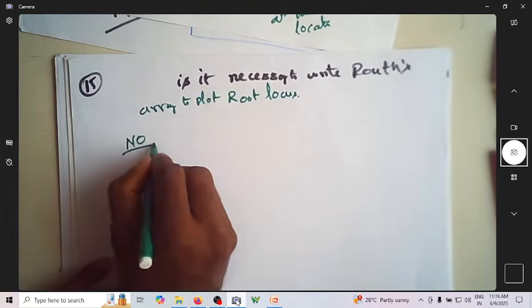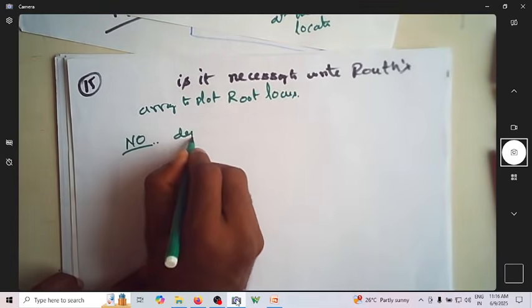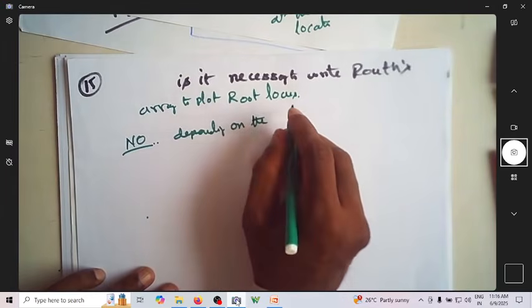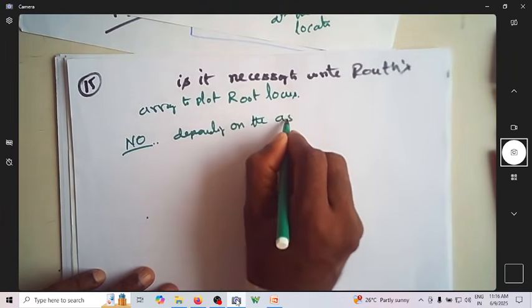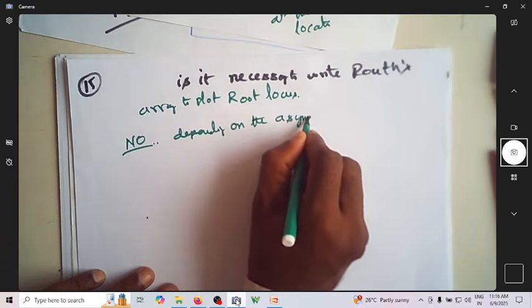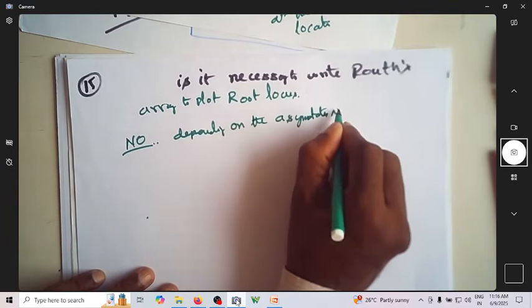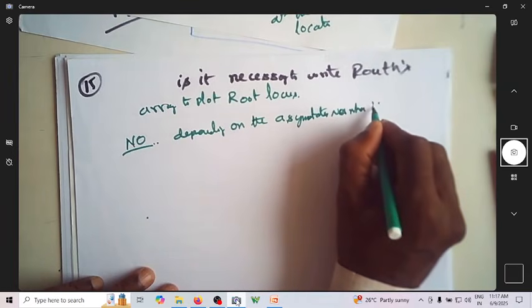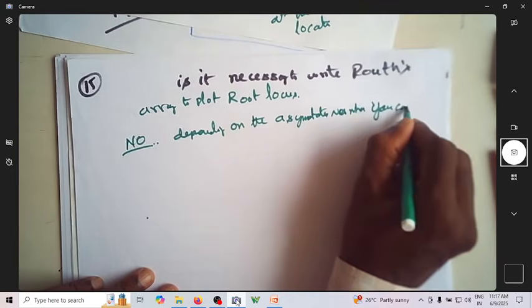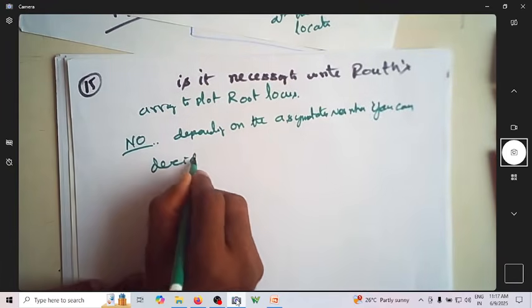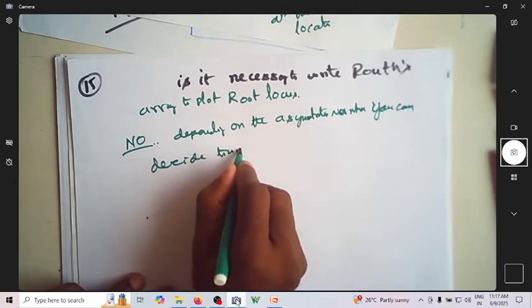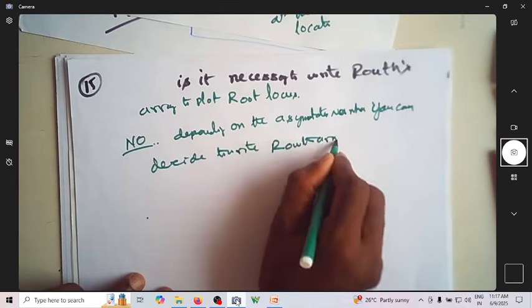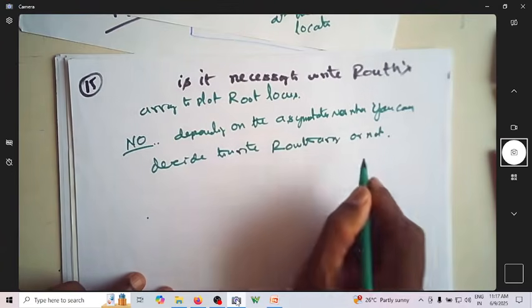No. Depending on the number of asymptotes, you can decide whether to write the Routh array or not.